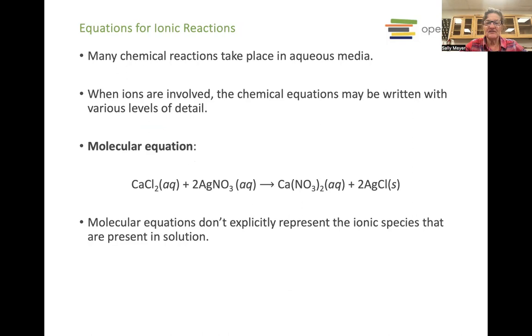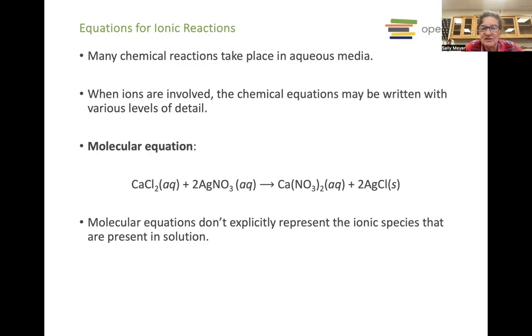So if it says you have calcium chloride and it's aqueous, that means the ions are pulled apart, and we'll see in a second that we could write an ionic form. But in the molecular form, you'll keep them together. And silver nitrate is aqueous. Calcium nitrate is aqueous. And then silver chloride becomes a solid. That's what actually changed in this reaction.